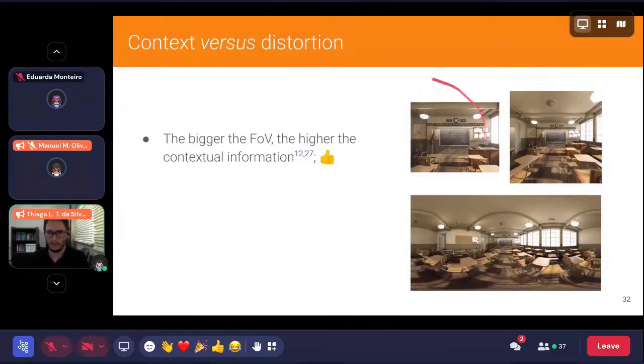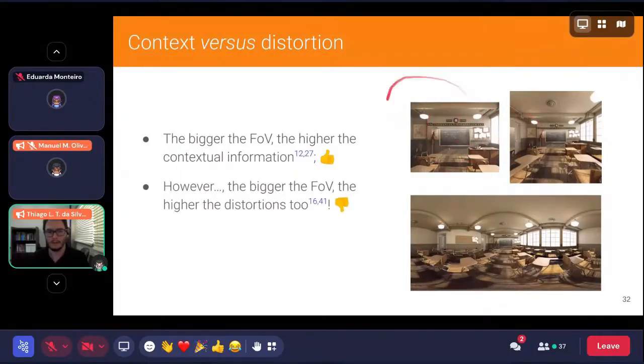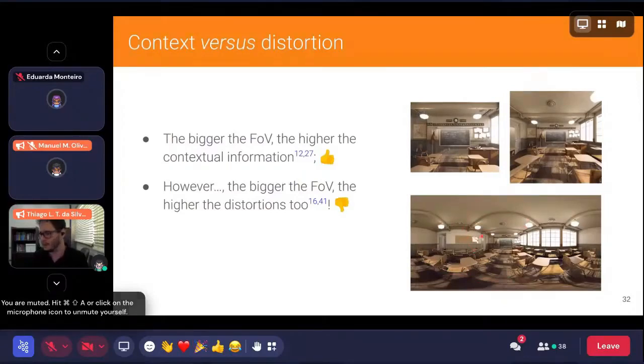the less contextual information. So I don't know what we have behind this, or out of these areas imaged. But we also have fewer distortions. As we increase the field of view, we increase the contextual information, and we also increase these distortions, regardless of the representation.